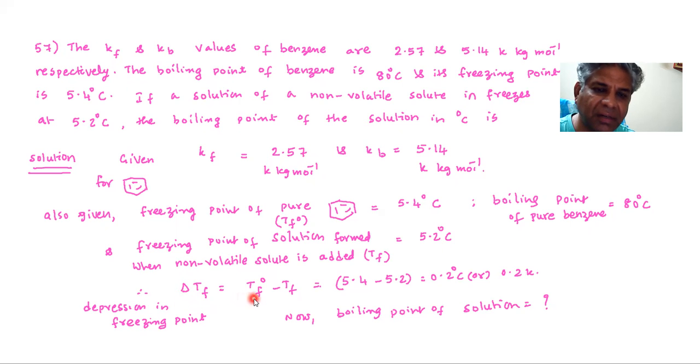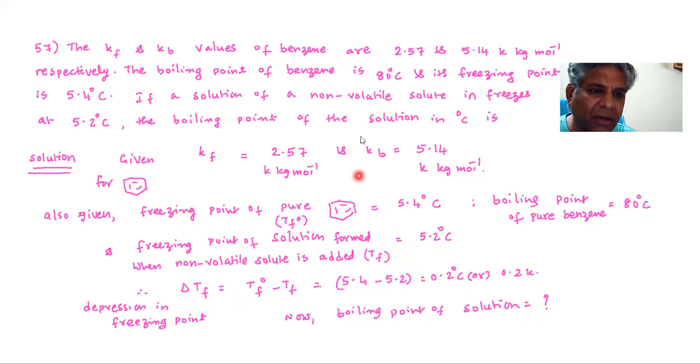Delta Tf is equal to Tf naught minus Tf, which is 5.4 minus 5.2, so 0.2 degrees centigrade or 0.2 Kelvin, because the difference will always be the same whether you convert into Kelvin or keep it in degrees centigrade.